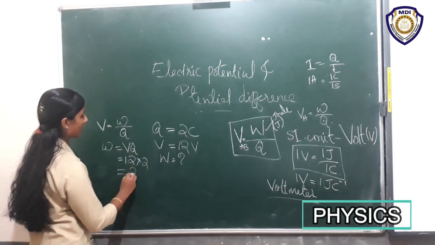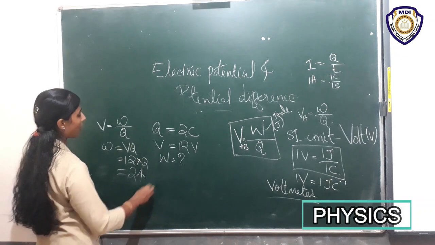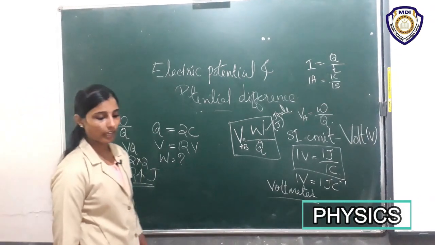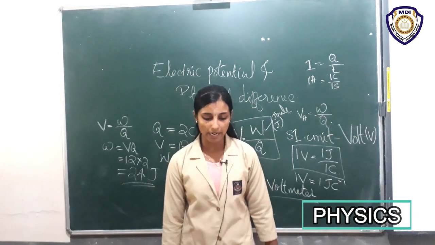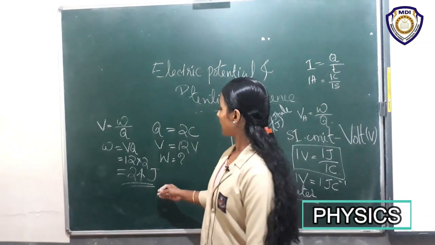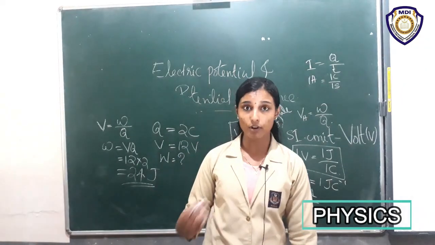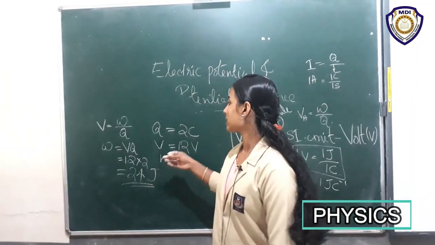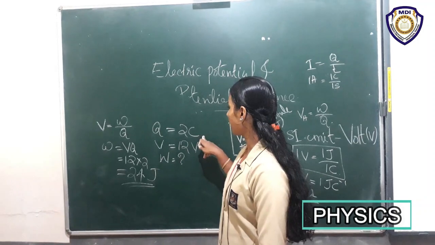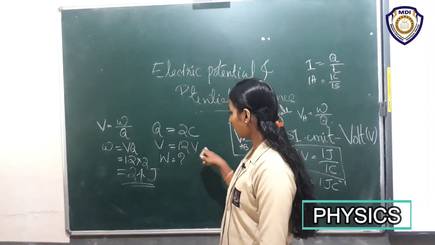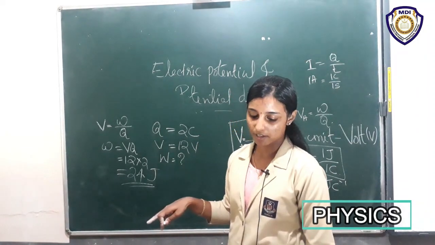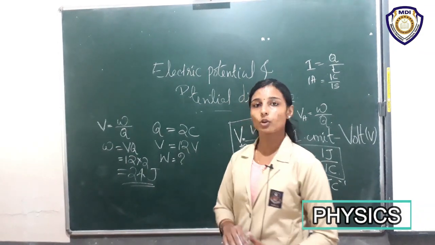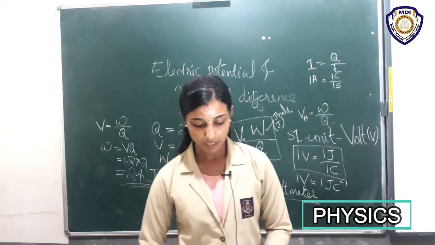So what will be the answer? 24. The unit of work is joule. So the work done is 24 joule. So 24 joule of work is to be done to move a charge of 2 coulomb across 2 points having potential difference 12 volt.